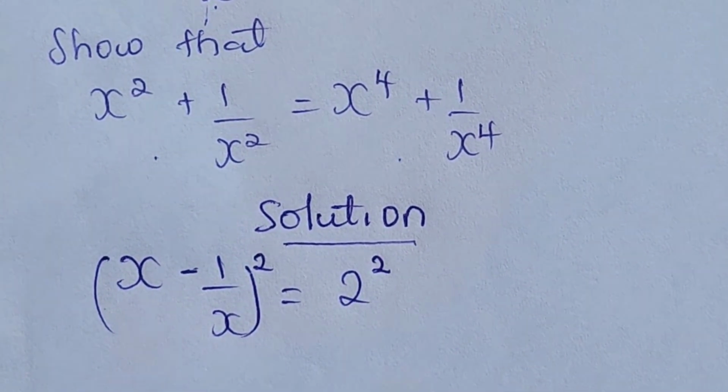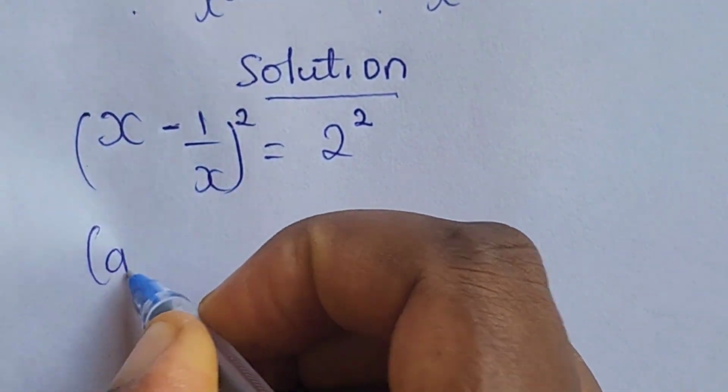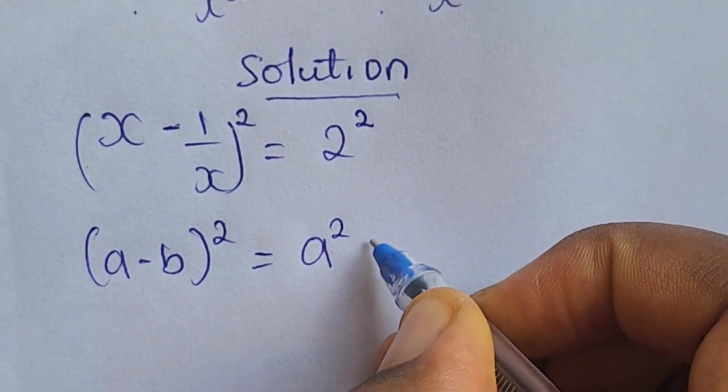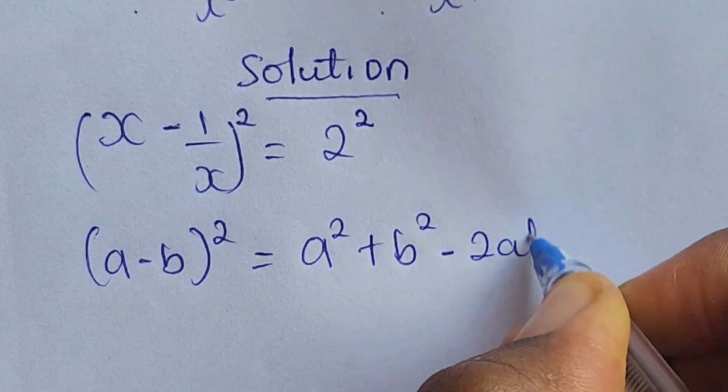From here, let's recall that when we have a minus b all squared, this is equal to a squared plus b squared minus 2ab.